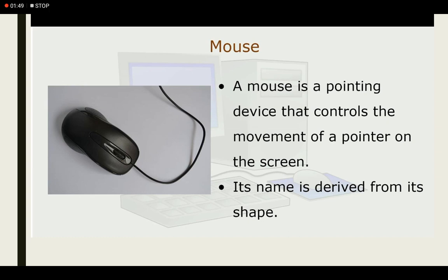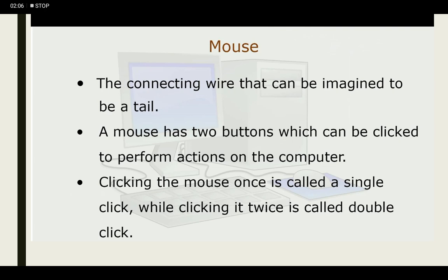Next input device is the mouse. A mouse is a pointing device that controls the movement of a pointer on the screen. Its name is derived from its shape. As you can see, it also looks like a mouse, and the connecting wire can be imagined to be a tail.